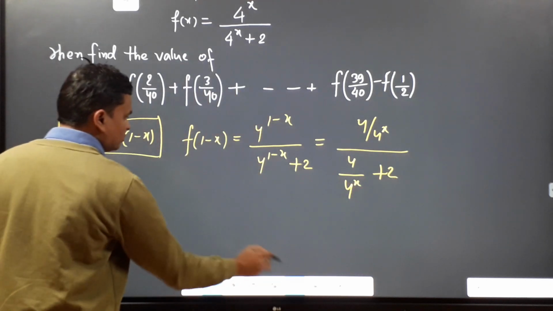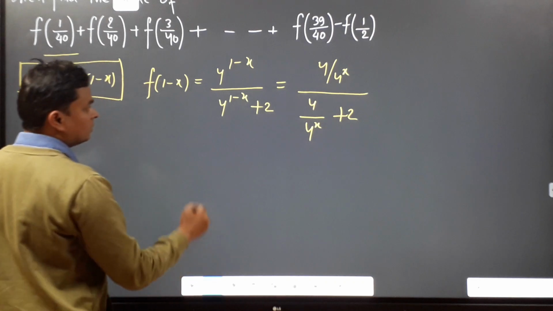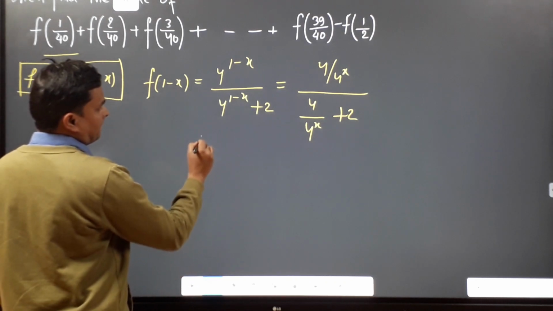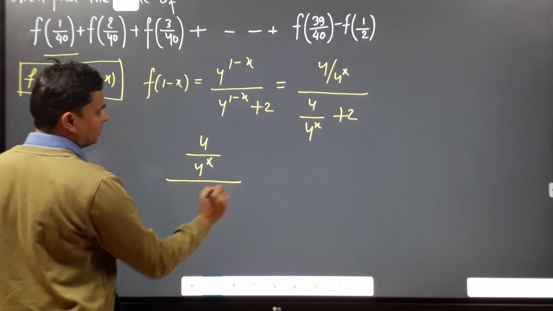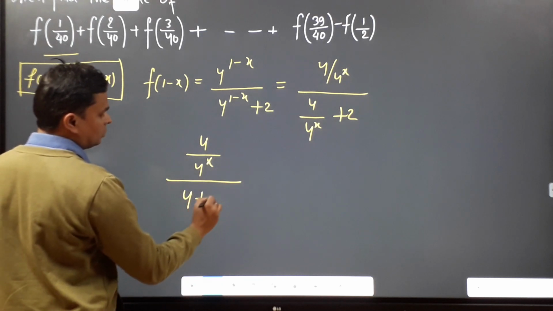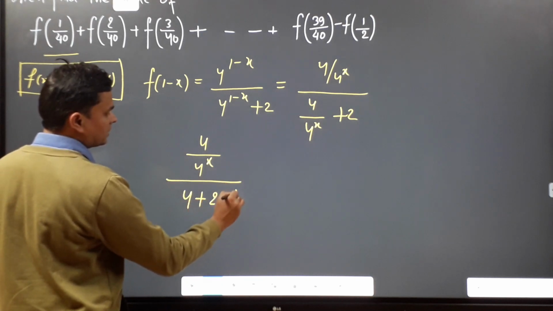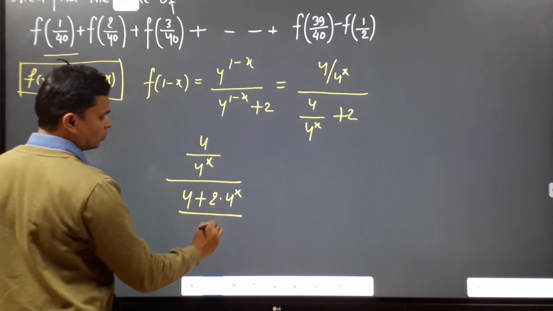Further simplified, it is 4 upon 4 to the power x divided by 4 plus 2 into 4 to the power x upon 4 to the power x.